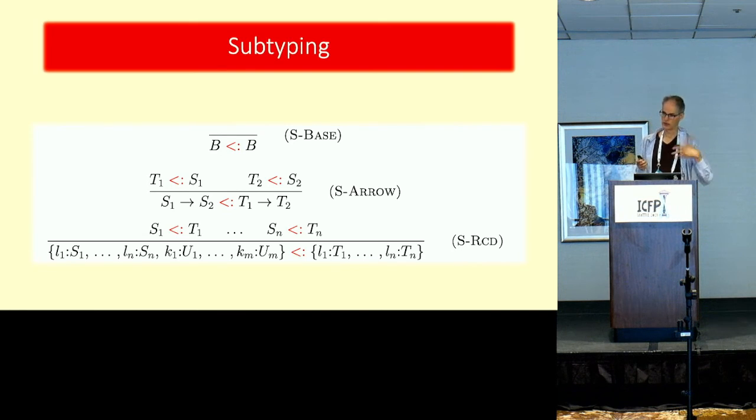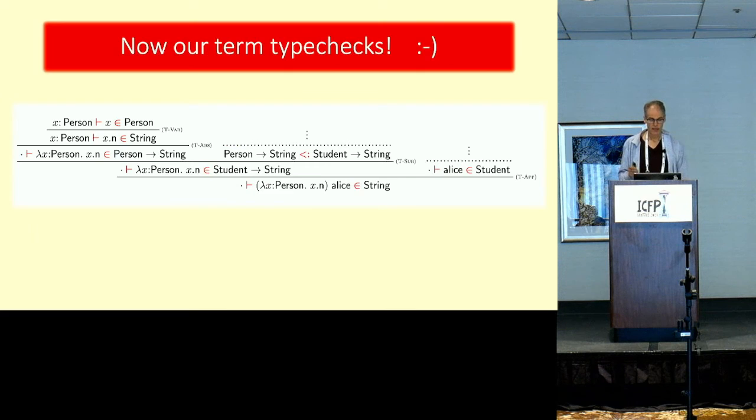And then records, the, I think, obvious rule. Now, what's nice is that our term that we were worried about, the one with Alice being supplied to a function that wants a person, does type check because we can put in a use of the subsumption rule between the abstraction rule and the application rule to match things up.